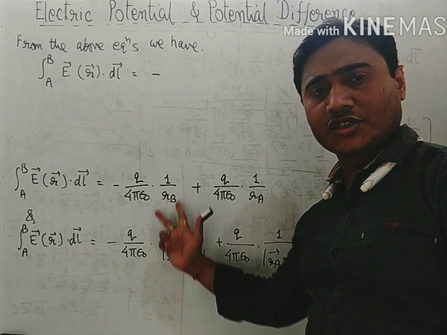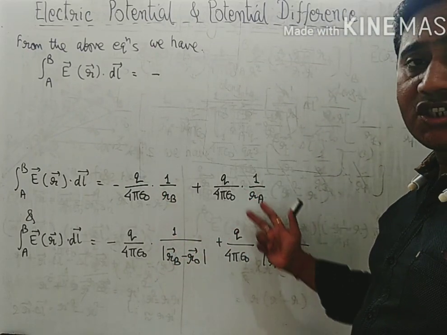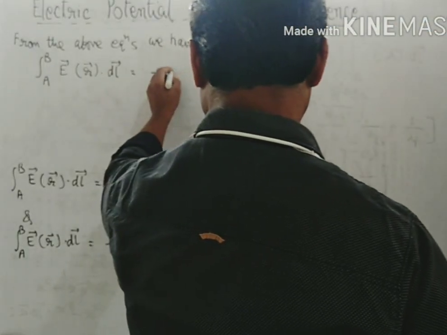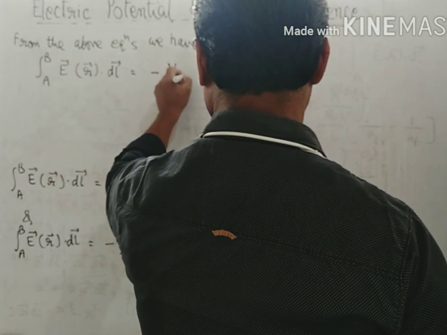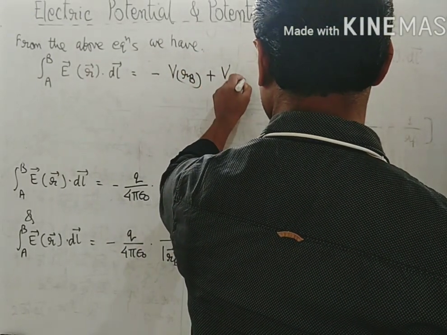This is the potential at point B and this is the potential at point A. So we can write minus V(RB) plus V(RA).